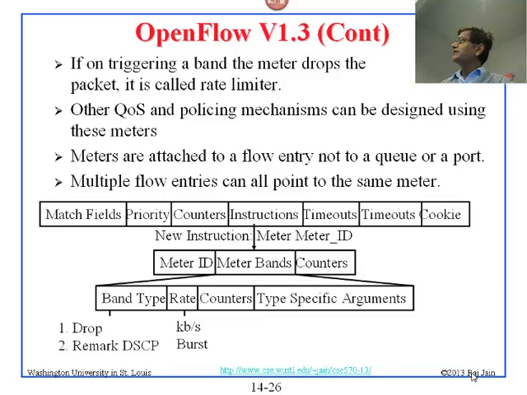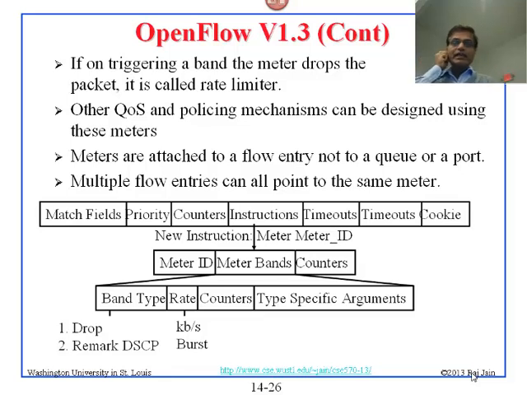Other QoS mechanisms can be designed using these meters. Right now they have only one mechanism, which is rate limiter, but others will come in the future. Meters are attached to a flow entry, not to a queue or a port. So that's important to understand. Each flow has a limit, not a port or a queue.